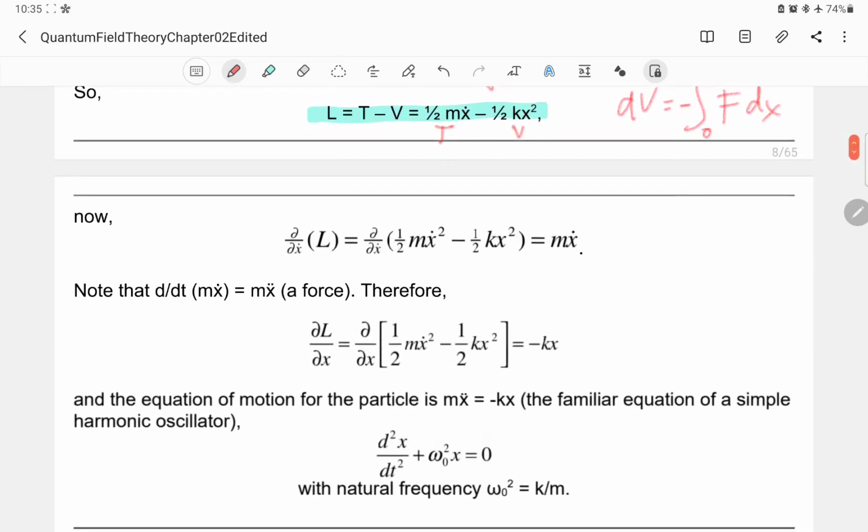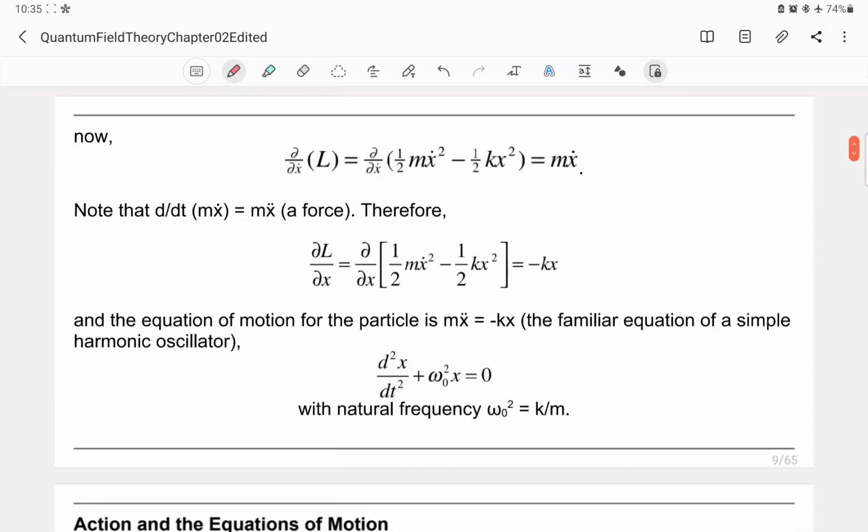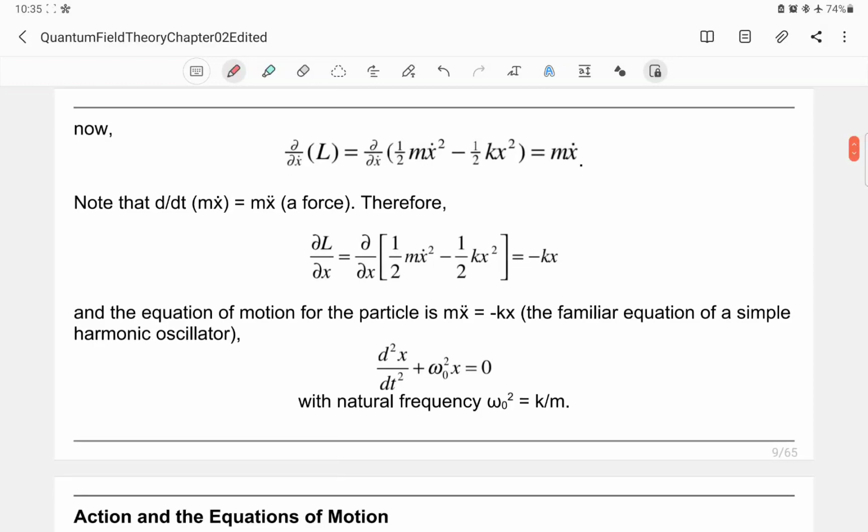Now you will have to get the derivative of L with respect to x dot, and this is just once again m x dot, and the time derivative would just be m x double dot, which is a force.